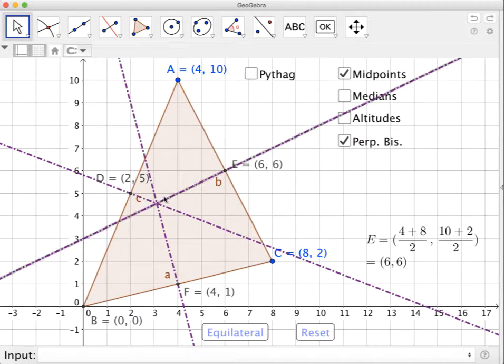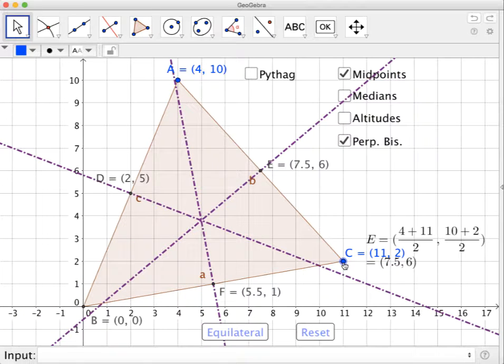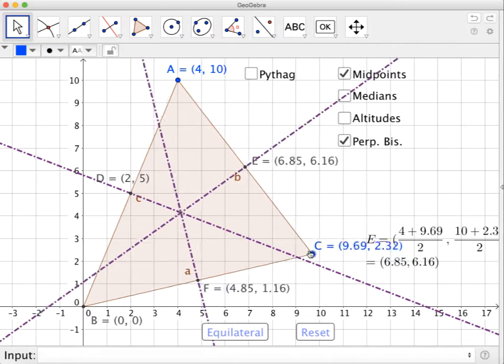And again, we can see that these three perpendicular bisectors are concurrent. And by that, we mean that they all meet at a single point. Now, when we have an acute triangle, as we have here, where all angles have measures less than 90 degrees, our perpendicular bisectors, again, meet inside the triangle, as we can see.